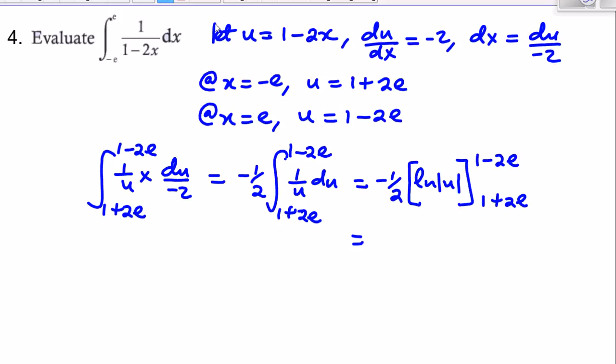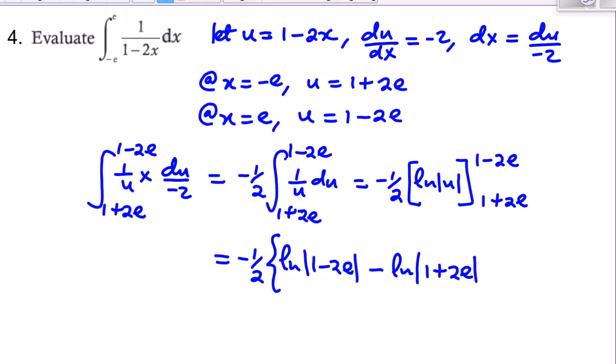Now, what we'll end up with here, if we plug this in, is negative a half times ln of the absolute value of 1 minus 2e, minus ln of the absolute value of 1 plus 2e. I'm going to apply some laws of logarithms here to simplify this.